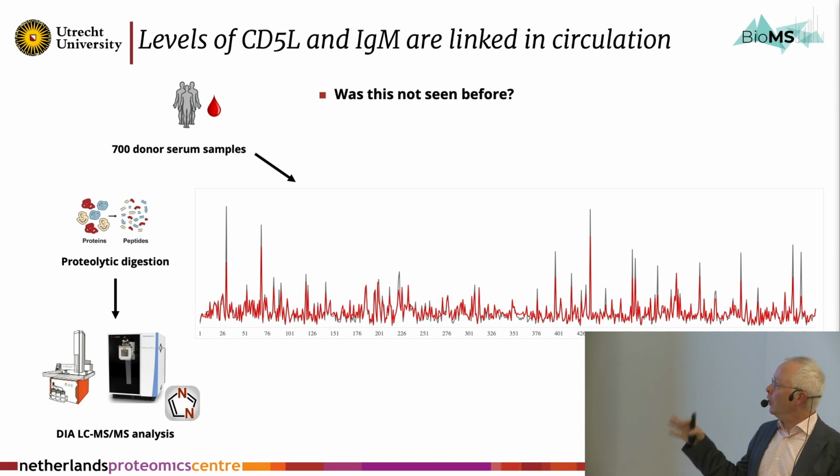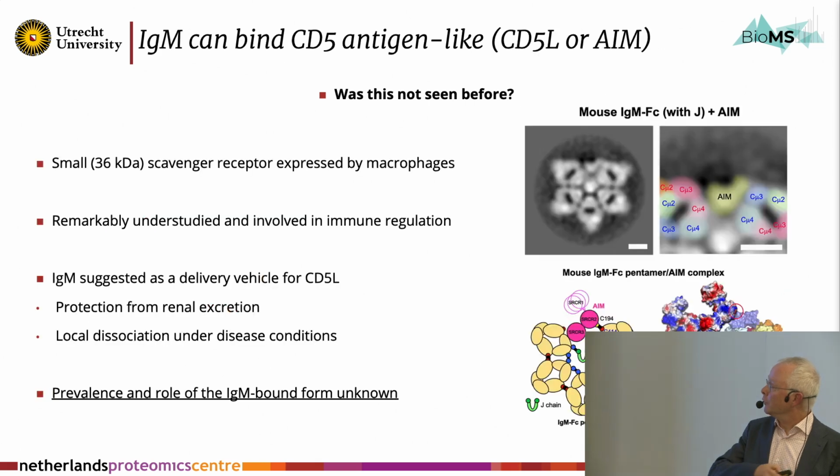And again, you see overlaid in gray and red the concentration of IgM and the concentration of CD5L. And you really see, when IgM goes up, CD5L goes up. So this is correlative evidence that they may have to do something with each other. So that was sort of the start.